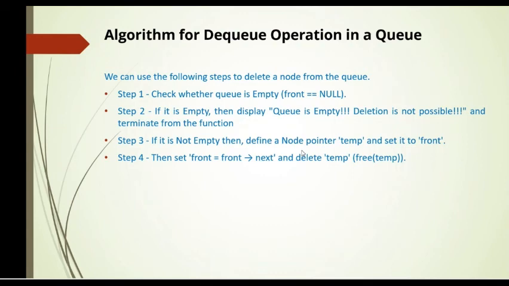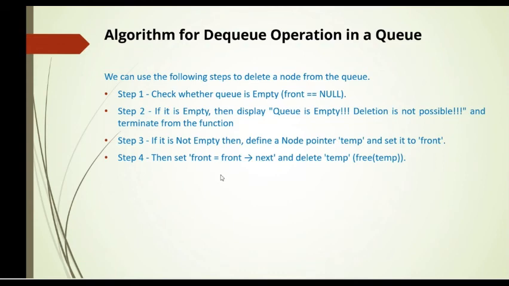Now, the algorithm for the dequeue operation, or you can say for deleting an element from the queue. Initially, we will check if the queue is empty. If the queue is empty, you cannot delete any element from the queue, as for deleting an element, there should be at least one element in the queue. Now, if it is not empty, we will create a temporary node and set it to front.